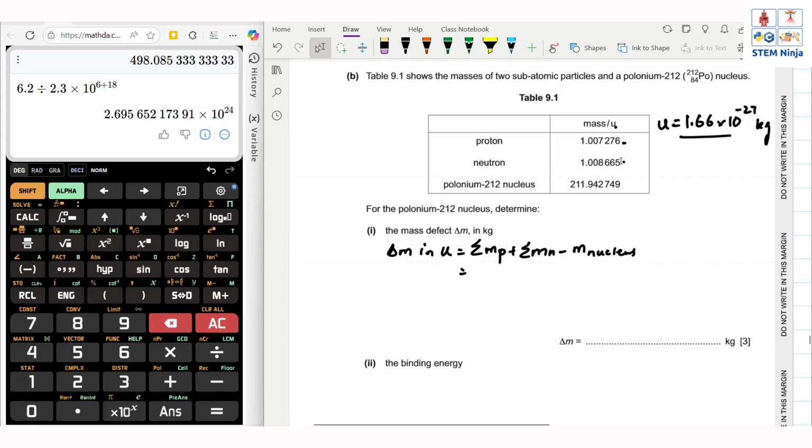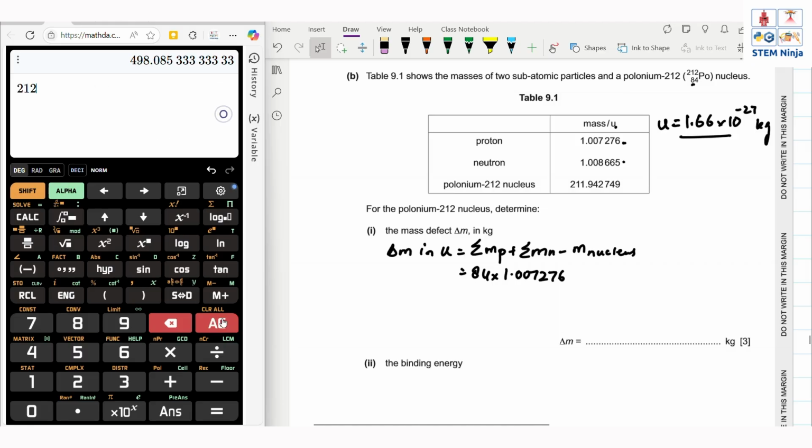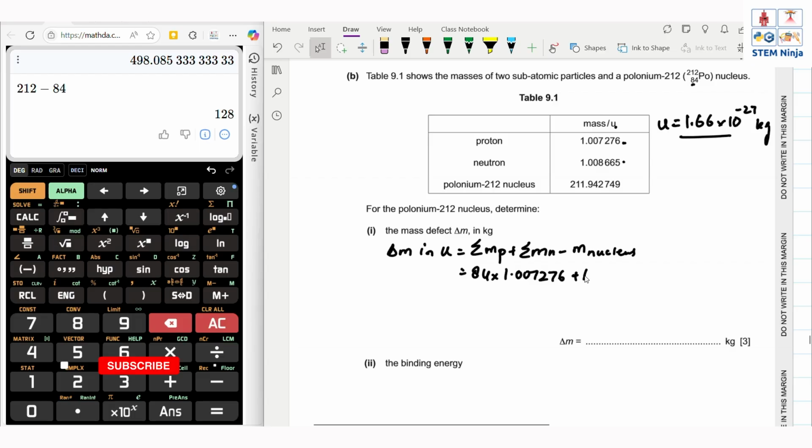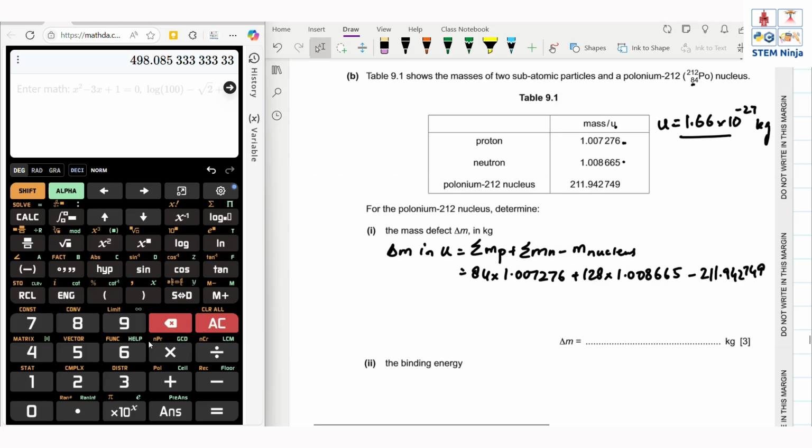So we have how many protons? 84 times 1.007276. And then from 212 minus 84, we have 128 neutrons times 1.008665 minus 211.942749. So that's all we have to input over here.